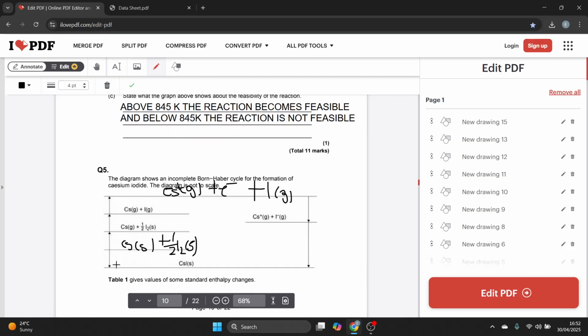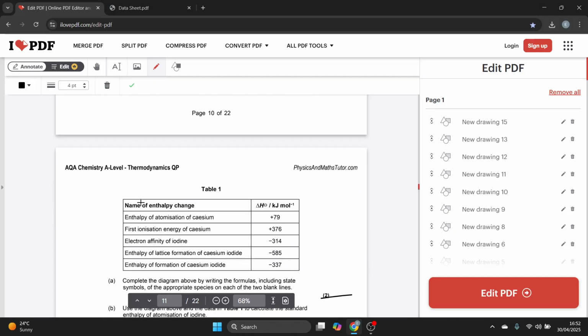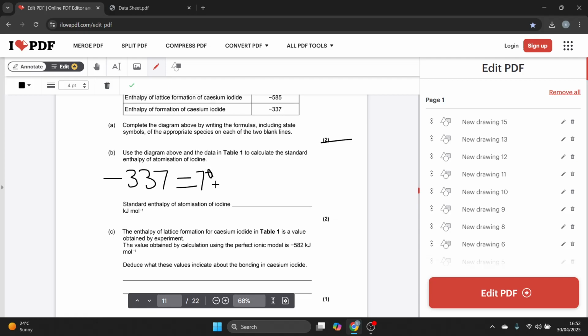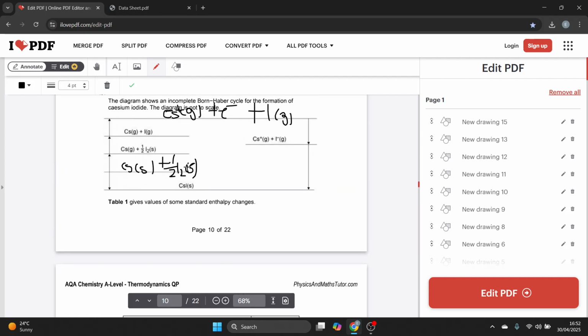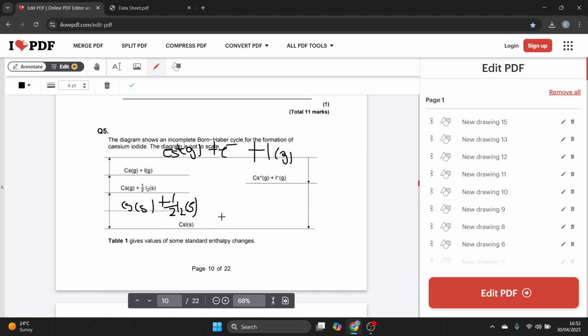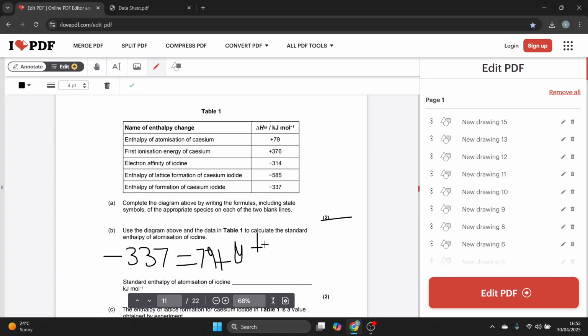So minus 337 equals the enthalpy of atomization of cesium, which is 79, plus the enthalpy of atomization of iodine, which is Y, plus first ionization energy 376, minus 314, minus 585, and I get Y equals 107.